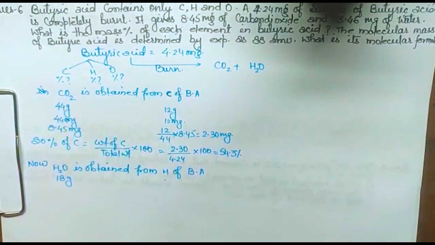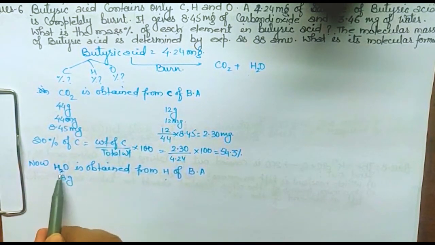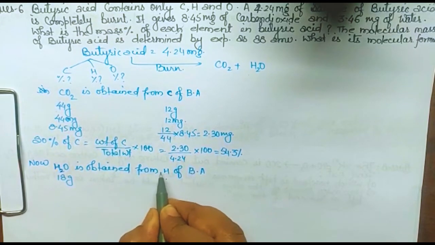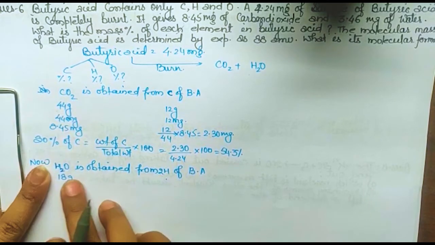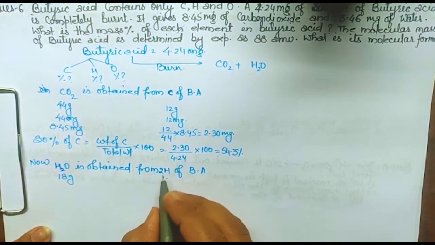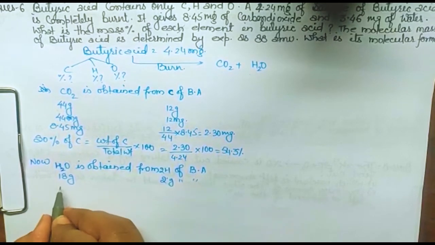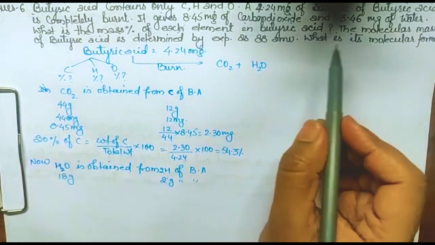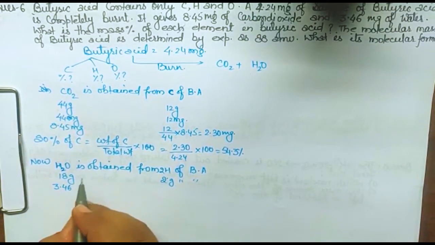The molecular mass of water is 18 gram, and this is H2. Are you getting it? This is 2H. So we have to take 2H over here also, because for balance, at least this number of atoms should be the same. So 18 gram of water is obtained from 2 gram of hydrogen. So how many milligram? 3.46.